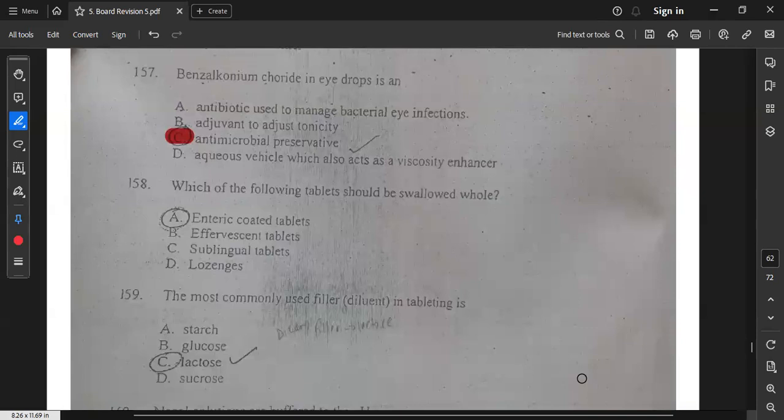So, which one of the following tablets should be swallowed whole? Enteric coated tablets, effervescent tablets, sublingual tablets, or lozenges?